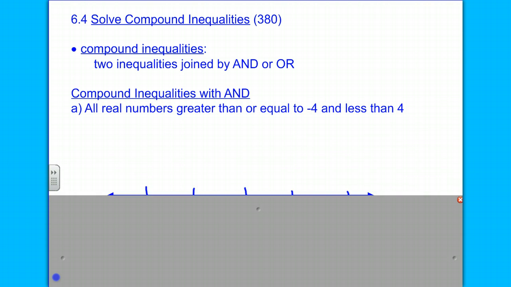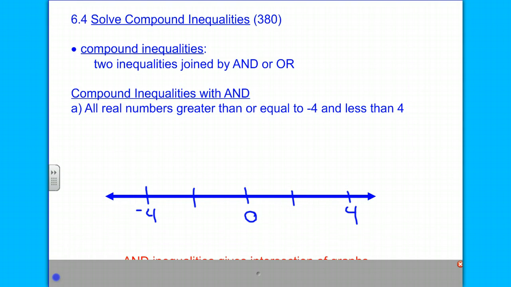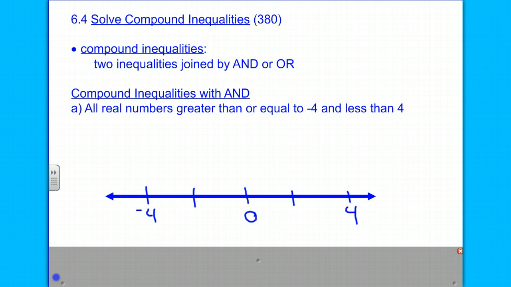So let's see if we can put this into a math statement. All real numbers greater than or equal to -4 and less than 4. We're going to graph these solutions. So how could you write this inequality?